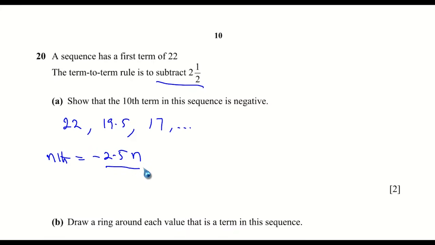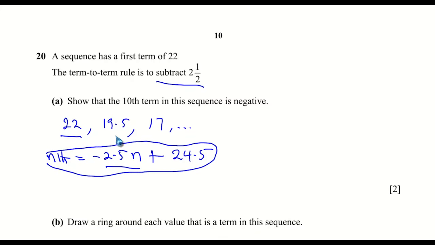When n is 1, you have minus 2.5 times 1, which is minus 2.5, and we're supposed to get 22. So we need to add something to this so that the first term will be correct. What do we need to add to get 22? We have to do 22 plus 2.5, that will be 24.5. So this should be correct now. So this is the nth term for the sequence.